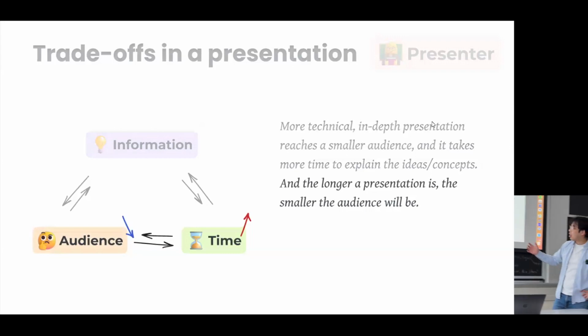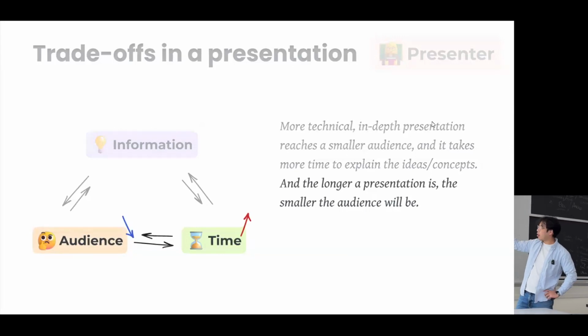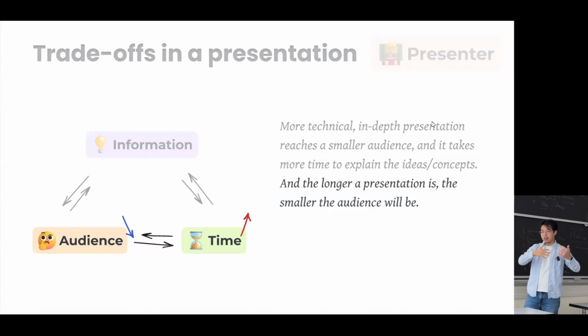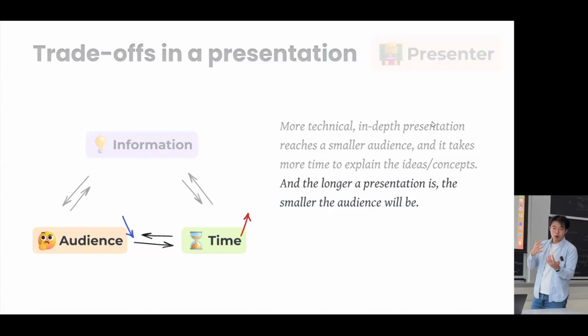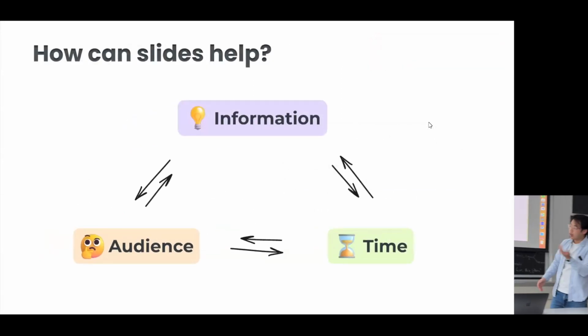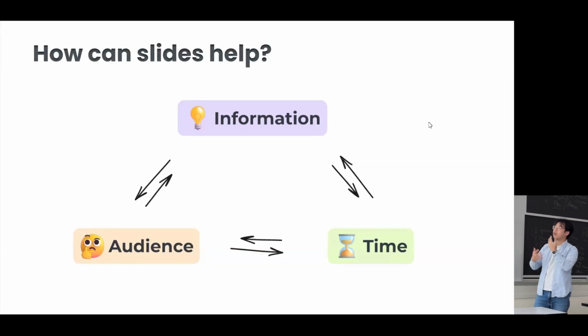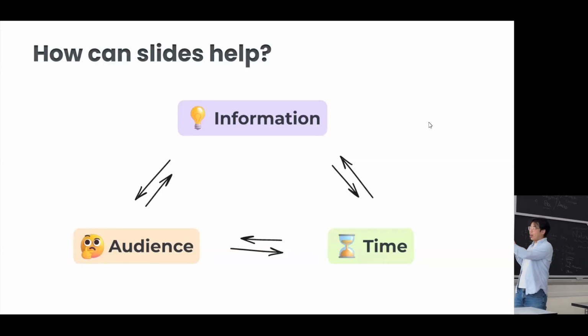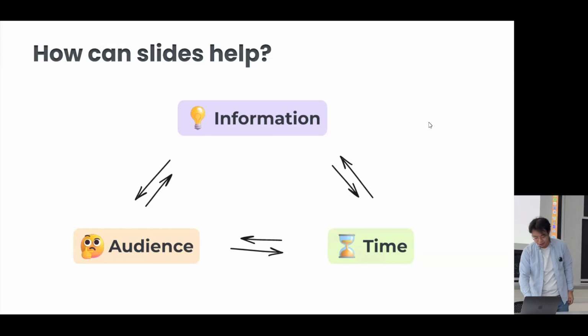And finally, if you make the talk longer, the smaller the audience will be, or the longer the presentation, the lower the retention of the audience, and then maybe people will be less attentive in the end. So the point is, how can we build slides that can help with the tension in this almost infinite triangle here, right?